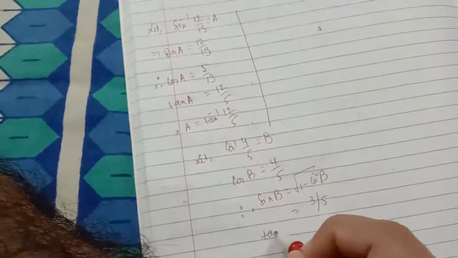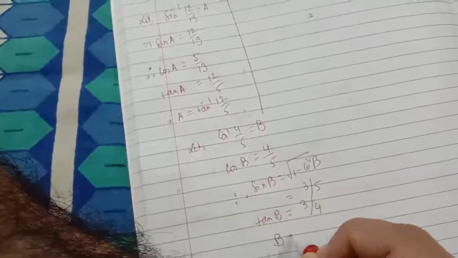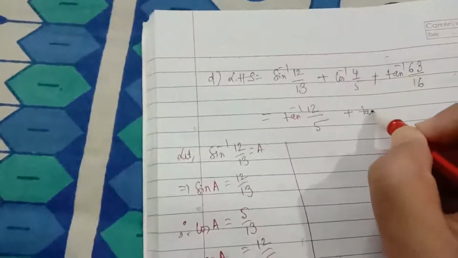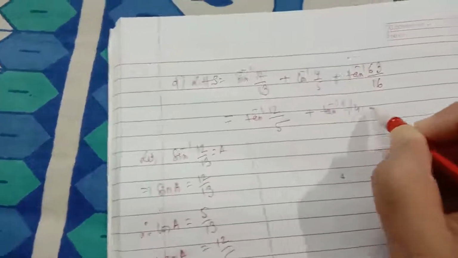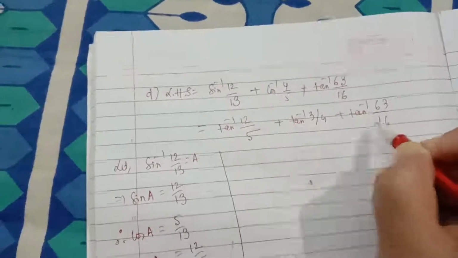So tan b will be sin by cos, 3 by 4. b will be tan inverse of 3 by 4. So you can see b equal to this, a equal to this. This is now tan inverse of 12 by 5 plus tan inverse of 3 by 4 plus tan inverse 63 by 60.